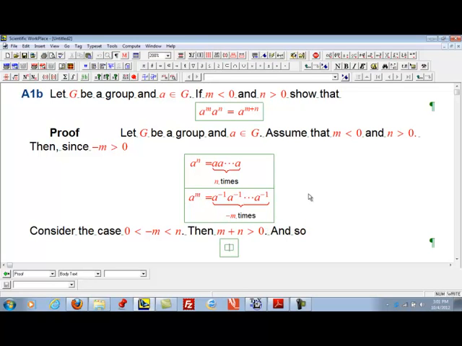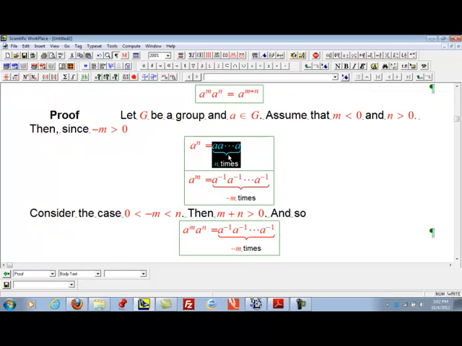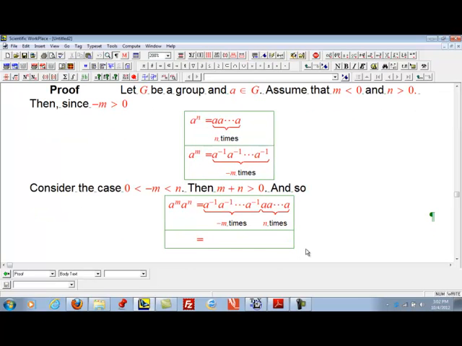So we're going to have a to the m, a to the n is equal to, a to the m is all of these ones, a to the n is all of these ones, but now you can cancel your inverses with the a's, and you're going to have a's left over, right? Because you have a bigger n than you do an m.